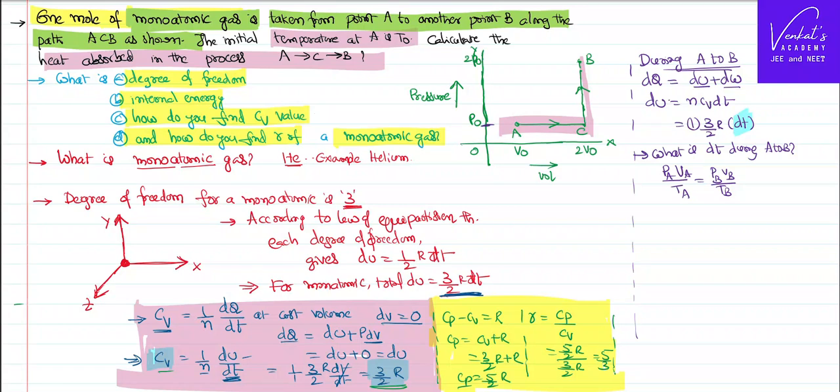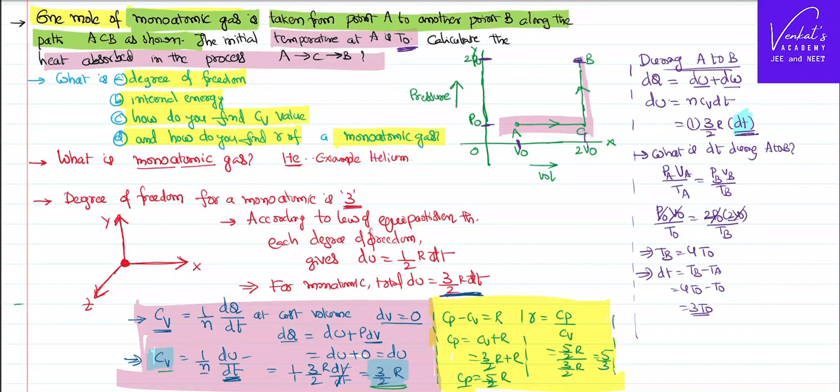PA is given as P0, VA is given as V0, TA is given in the problem as T0. PB is given as 2P0, VB is given as V0. TB we have to calculate. The P0s and V0s can be cancelled. So TB equals 2 times 2, that is 4 times T0. It implies dT equals TB minus TA, that is 4T0 minus T0, which equals 3T0.